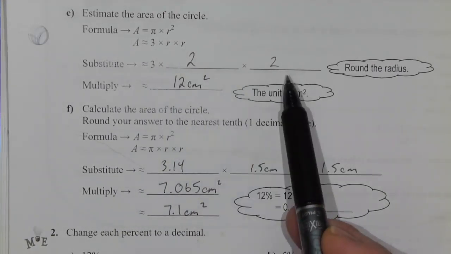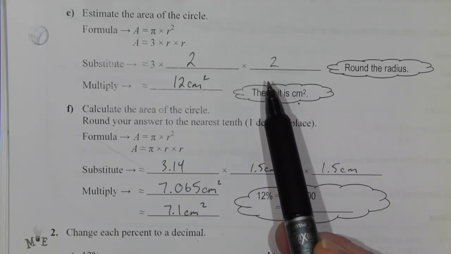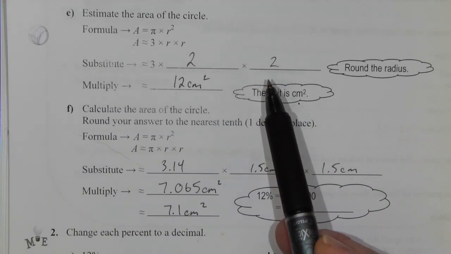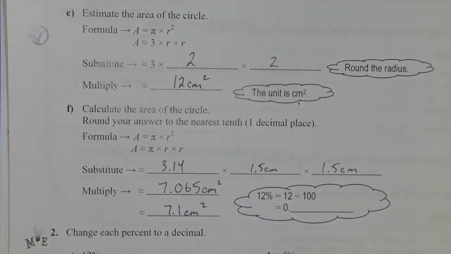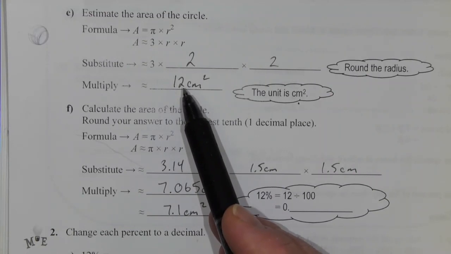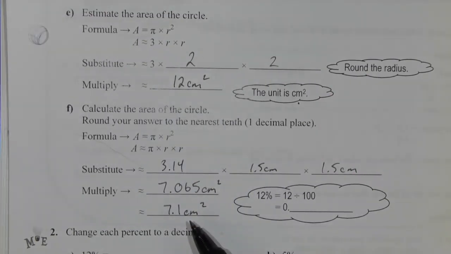So when you're multiplying, when you're rounding, you have the possibility of really increasing the difference between your estimate and your calculation. So it's not like it's 1200 centimeters squared or 12,000. It's just 12. So 12 and 7 in the overall scheme of things are pretty close together, so I'm okay with that.